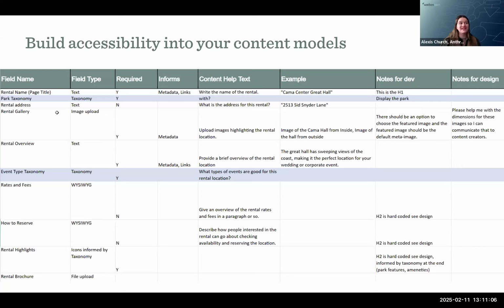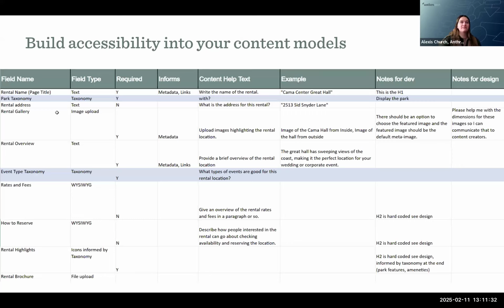So sometimes I would choose a taxonomy selection over open text because I know that different folks need that type of field. So I can give those suggestions to a developer, keeping in mind who's entering content into the system. We can also provide accessibility information like heading structure. You see that I'm doing that actually in here.